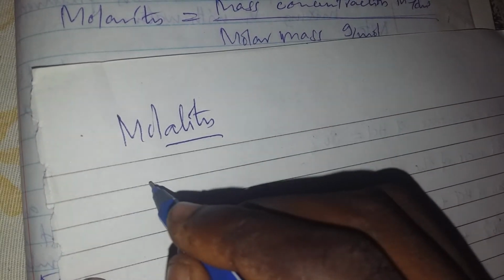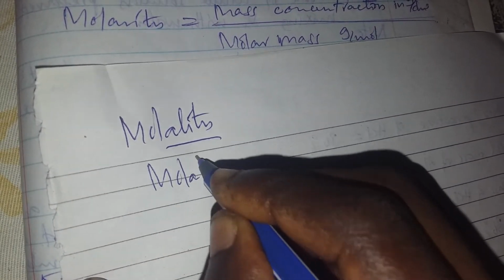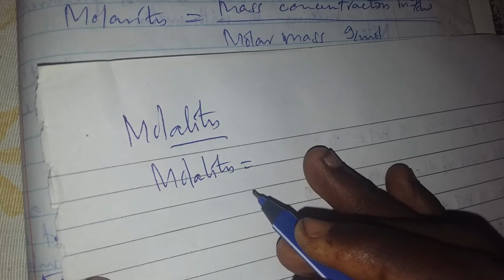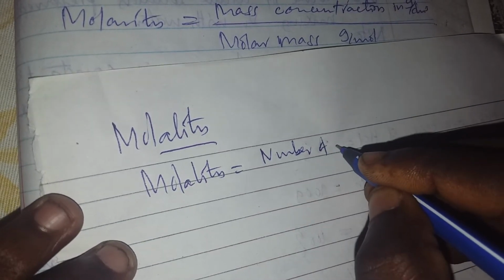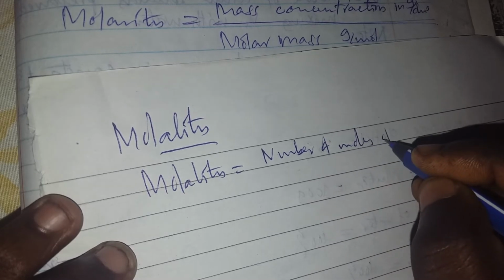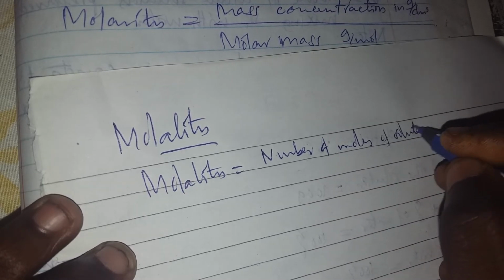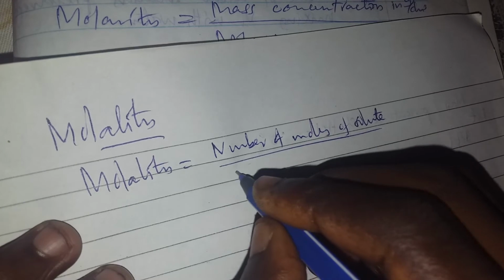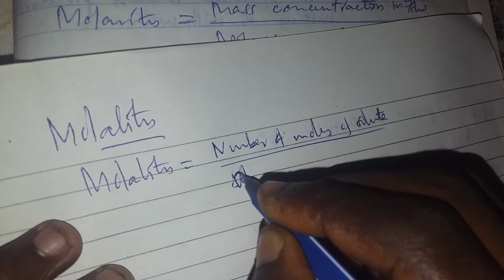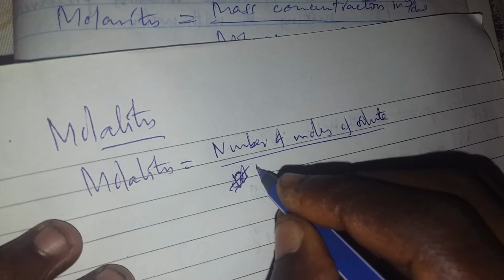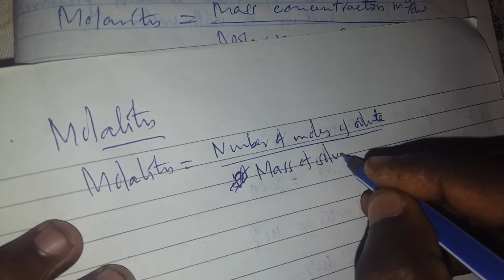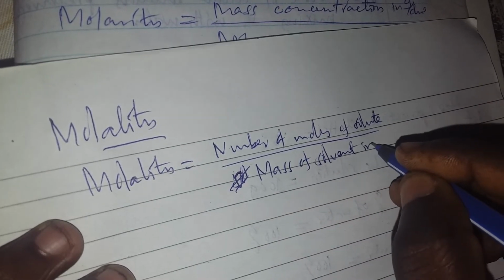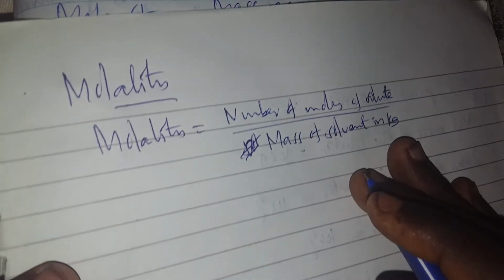Our second task was to find the molarity. Now, if we remember, we said molarity is equal to number of moles of solute divided by mass of solvent in kilograms.